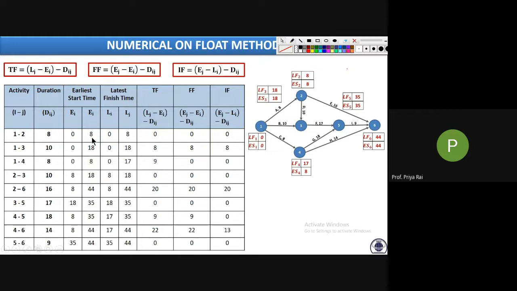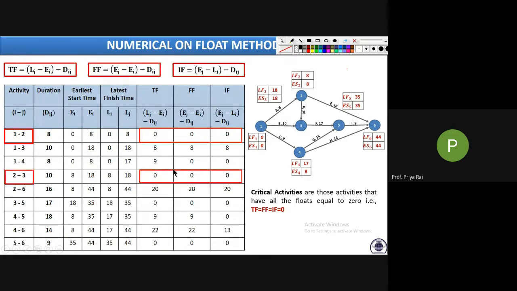Now, as per the definition, tell me which activity is critical. Critical activities are those which have all these floats 0. See which row has all three values 0. First this one, here also it is 0, 2 to 3. Now this one, 3 to 5, and lastly 5 to 6.